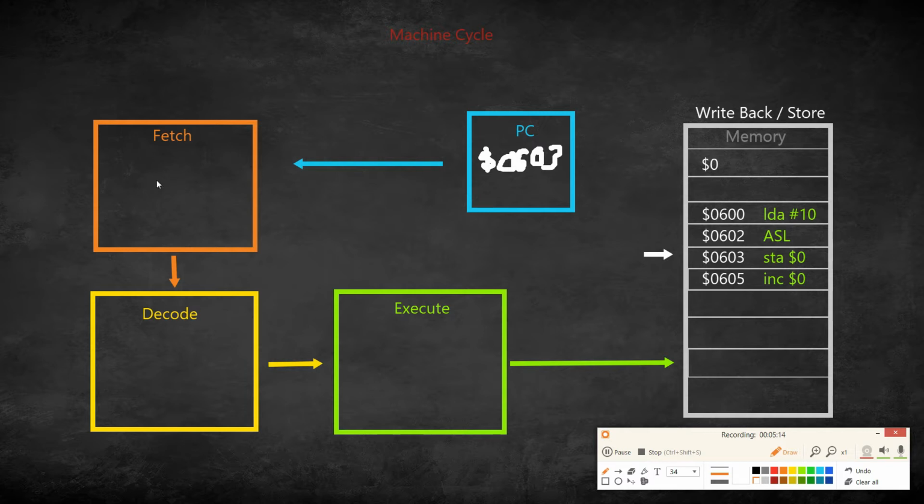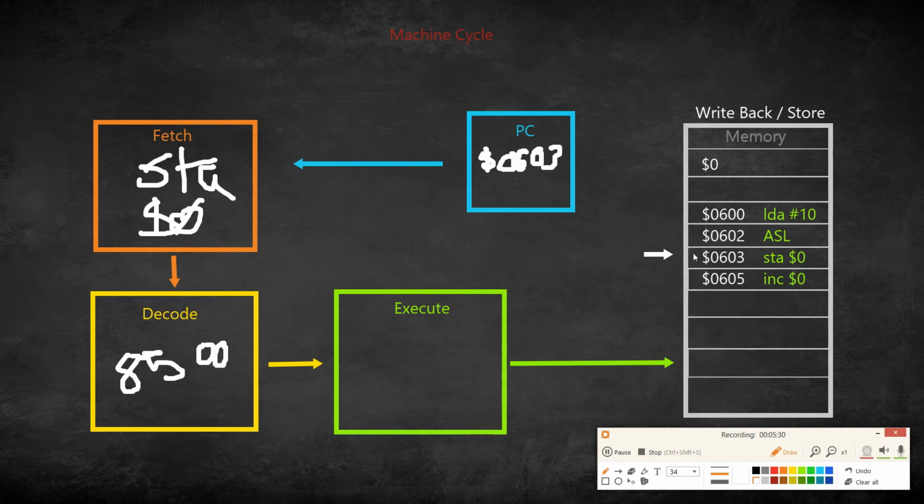It's going to fetch, which is the STA address 0, and it's the hex, let's see, it's 85, and the value is 0. So as you see, the next one is going to increment by 1. It's going to execute, and as you see, it's going to store the value in this memory location 0.